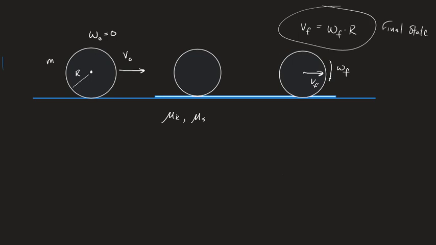This number, is it going to get bigger or smaller when it hits the patch that has friction? Smaller. It's going to slow down. Everybody follow that? That's pretty straightforward. Why? Well, because net force is going to equal ma.